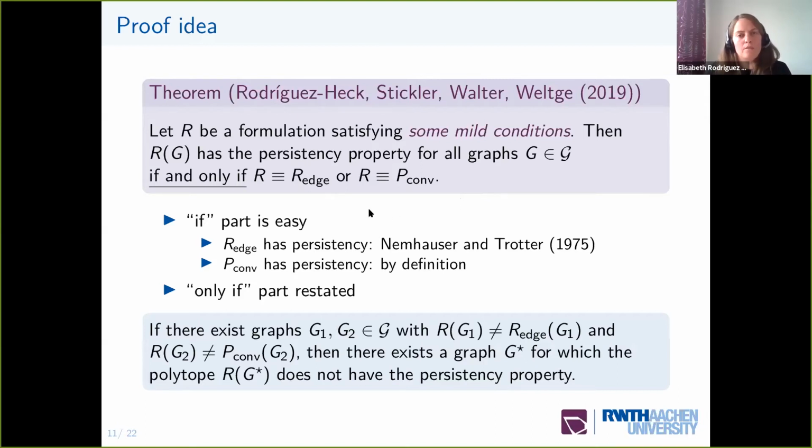What we will prove is that if our formulation R is not equivalent to the H formulation or to the convex hull, then there exists a graph for which R of G does not have the persistency property.